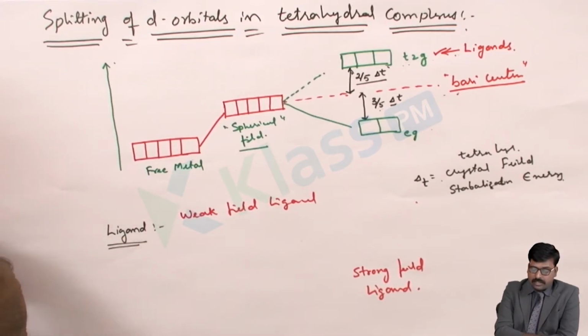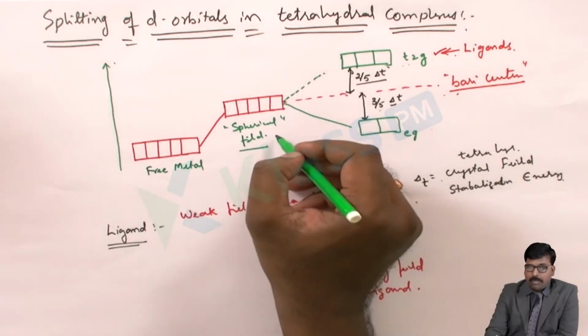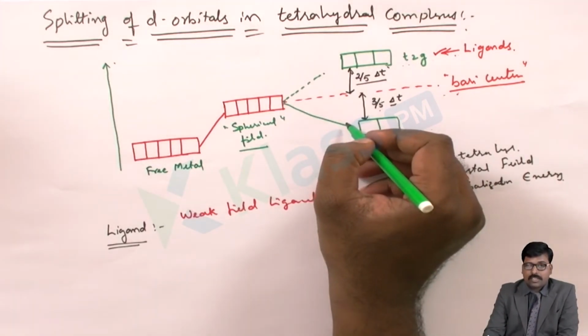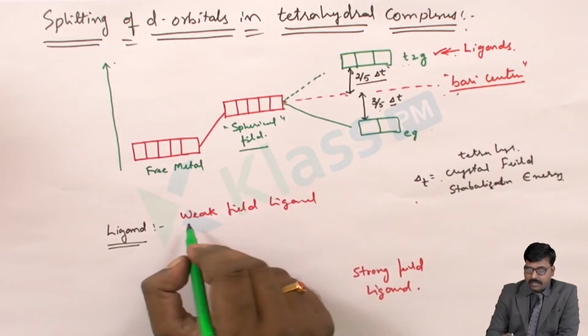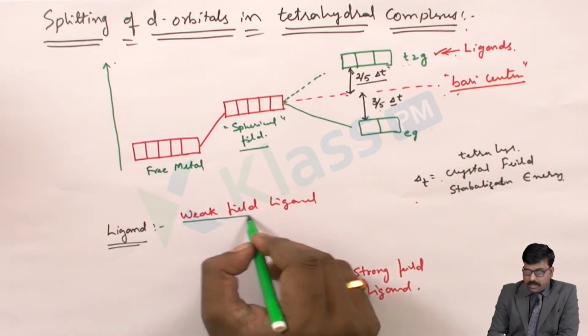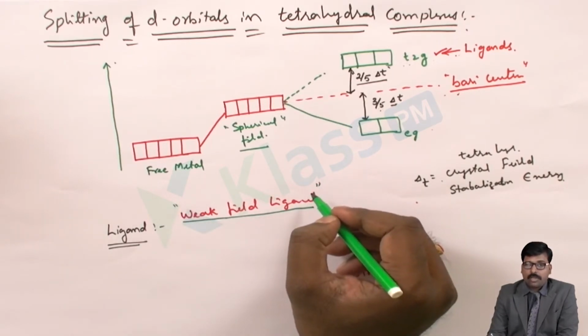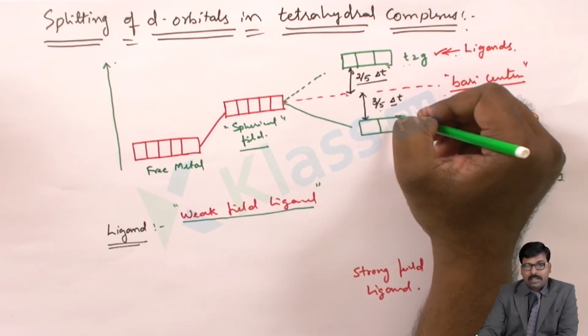Strong field ligands are those ligands which will split the d orbitals in such a way that the maximum splitting is done, and the weak field ligands will split the d orbitals, or sometimes they are not able to split the d orbitals, and the energy between these two will decrease.